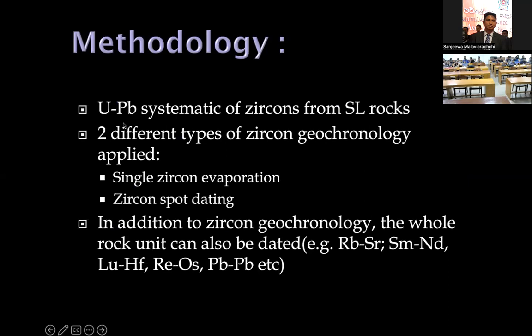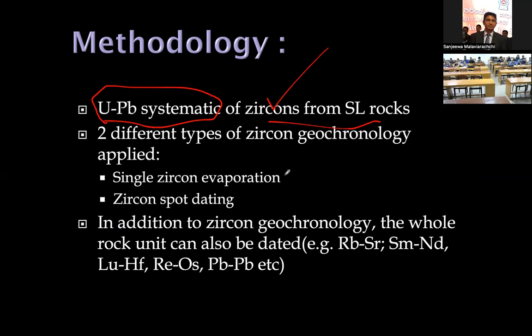For the uranium-lead system, we use zircons for age determinations. So this is the isotopic system which has been applied to many Sri Lankan rocks. There, the zircon is the main grain to apply this geochronology system.